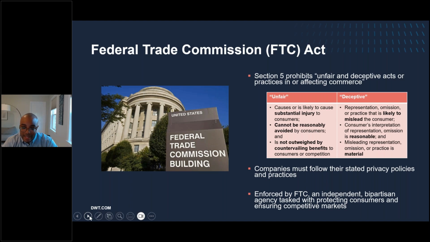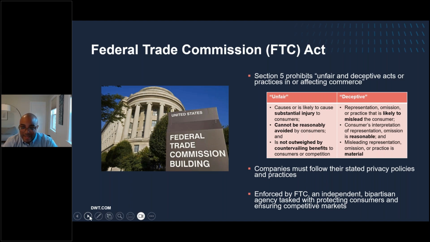I've put on the slide the definition of how one construes unfair and deceptive. But broadly, anything that can be deemed likely to confuse or mislead consumers, particularly if there's material impact, will likely fall within either unfair or deceptive under Section 5. Section 5 was designed without reference to what people typically think of these days as data privacy, digital privacy.